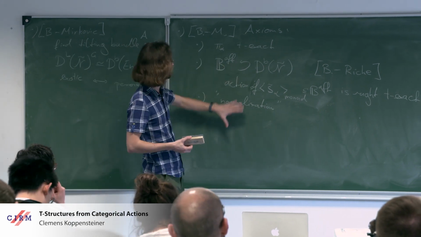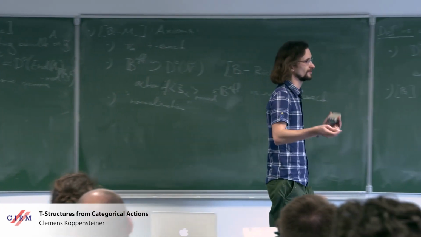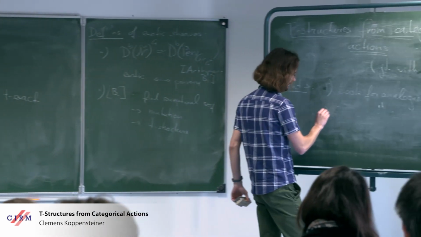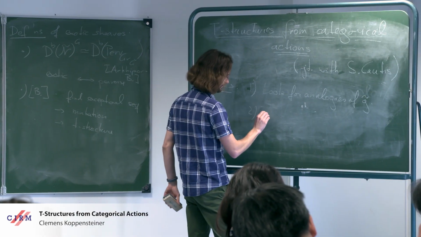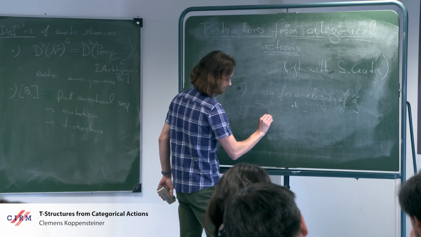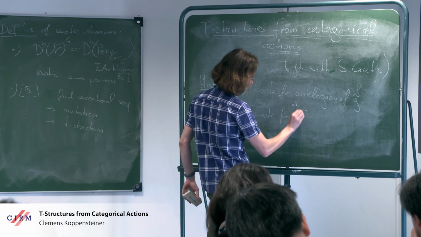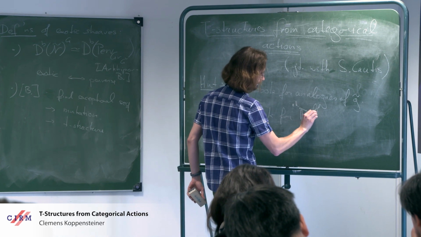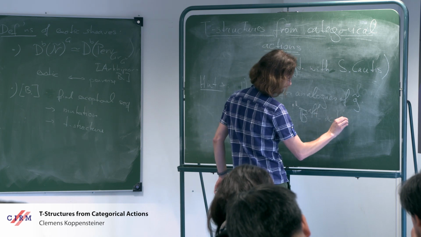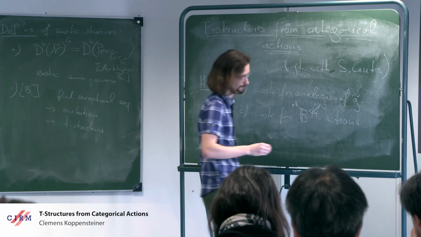The hint that we got from this is look for sources of affine braid group actions, for sources of braid group actions.